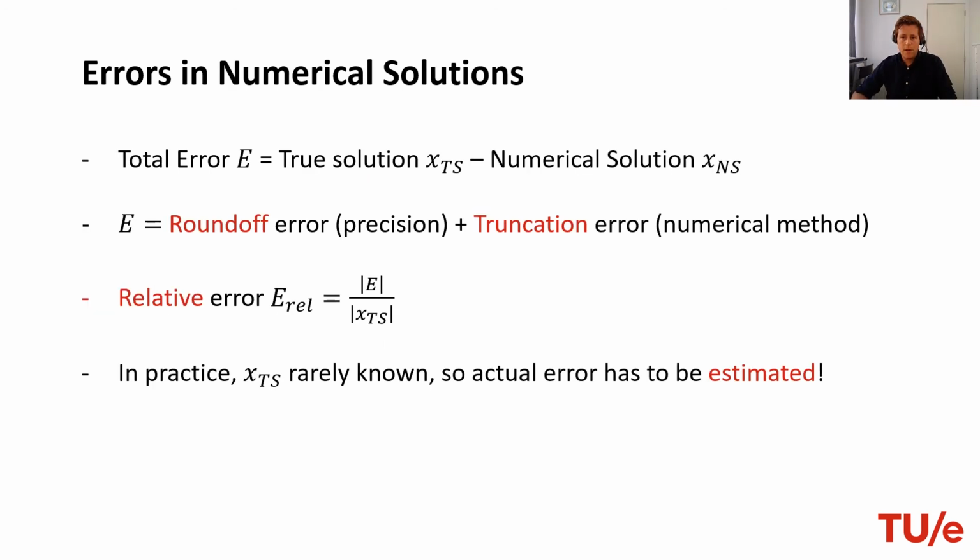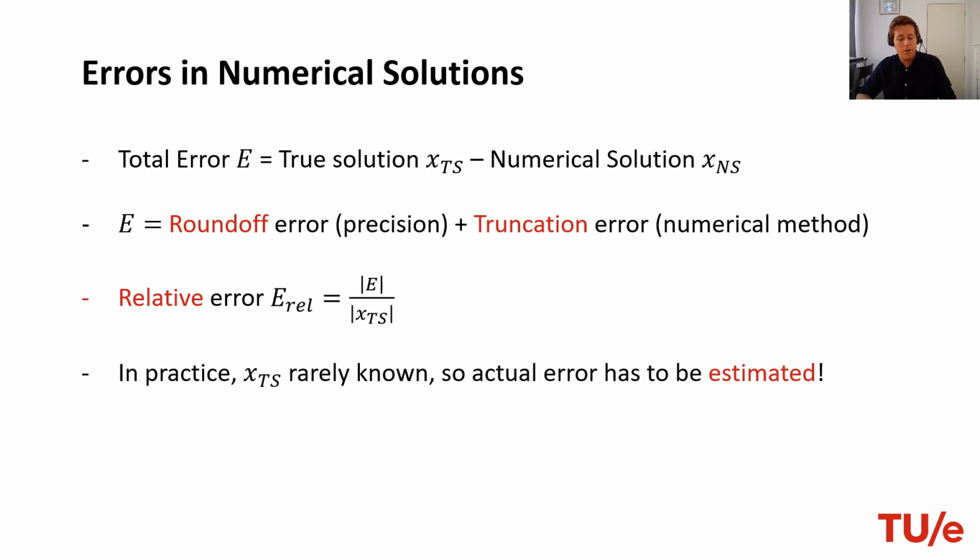So, rounding up this part on errors in numerical solutions, we discussed that the total error can be defined as the difference between the true solution and the numerical solution, and that this is omnipresent in numerical simulation. So it will be very rare that you have a case where there is no difference between the true solution and the numerical solution.